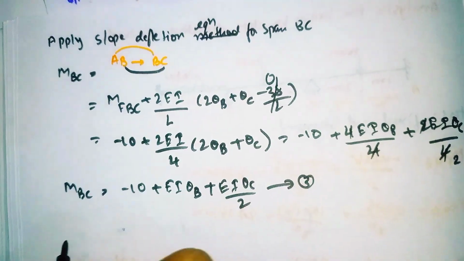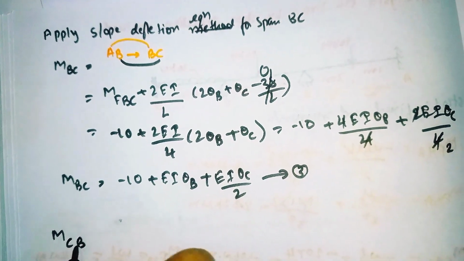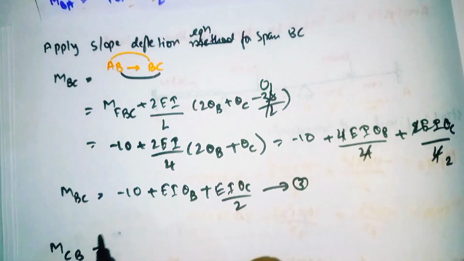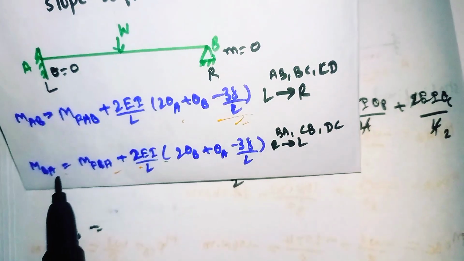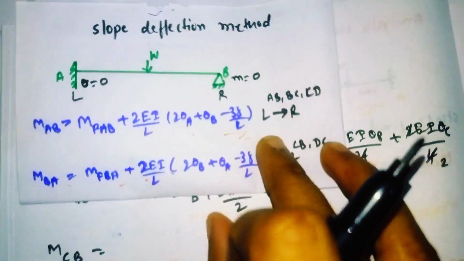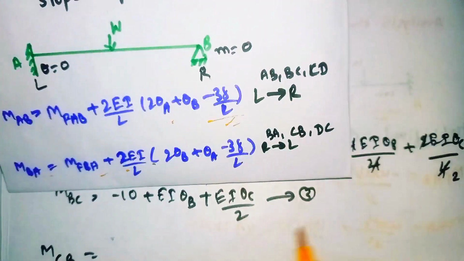Similarly, we will go for MCB, for span CB. Again we need to apply this formula.